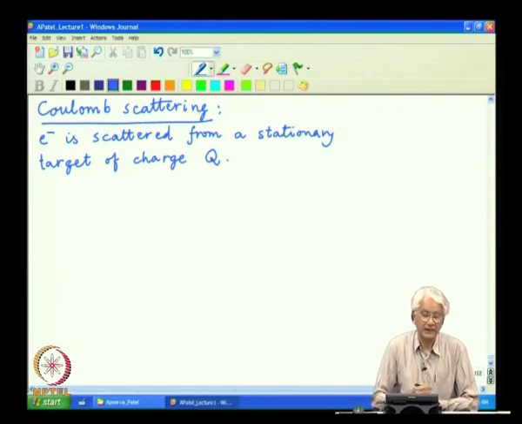First, in classical mechanics, where the description is in terms of an impact parameter and a hyperbolic trajectory, one can calculate some cross section of this process from that.